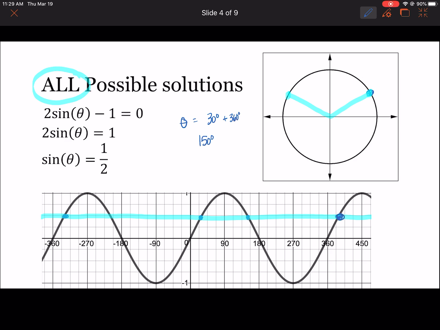From there, though, once I get to this point, I can also then add or subtract 360 degrees and get back to another one. So what I really mean is I want to add or subtract 360k, where k can be any integer.